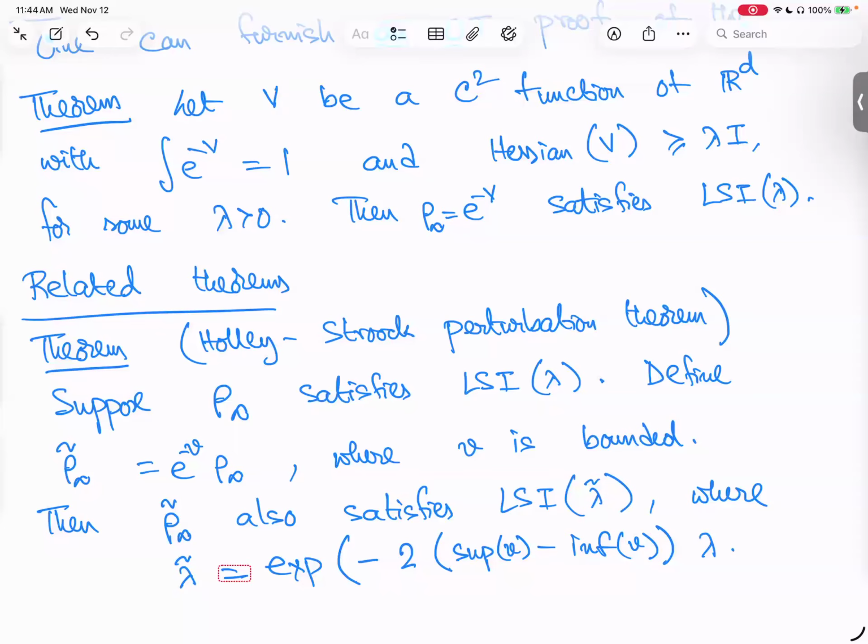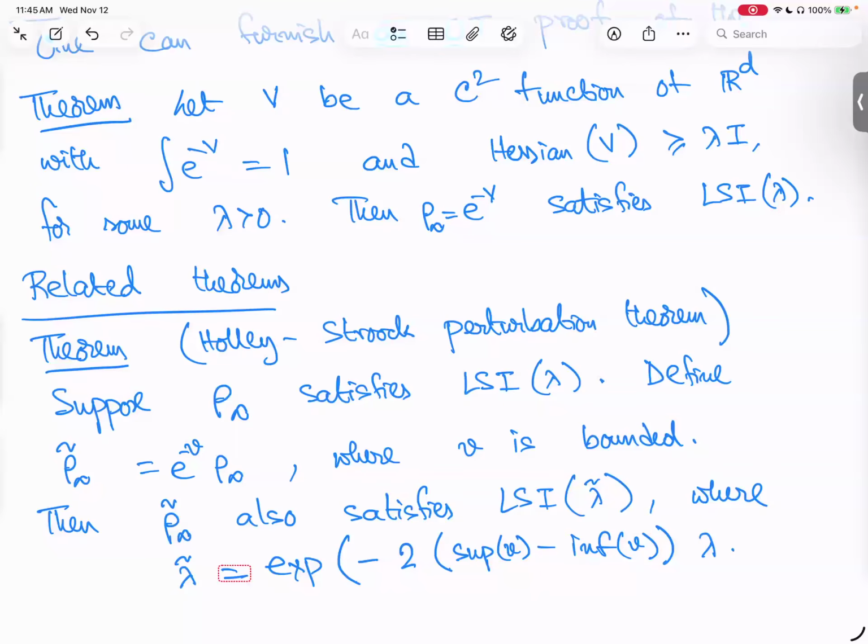Okay. So what this is saying is that logarithmic Sobolev inequalities are stable under bounded perturbation. You take one probability measure that satisfies logarithmic Sobolev inequality, and you multiply it by some other function that is bounded. Then the probability measure that you get from it also satisfies logarithmic Sobolev inequality, and the constant now changes.